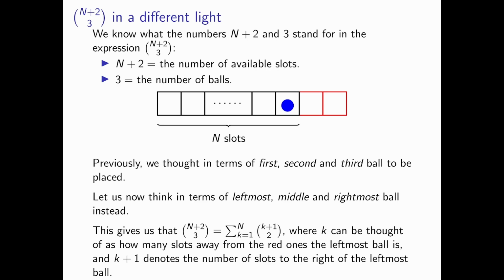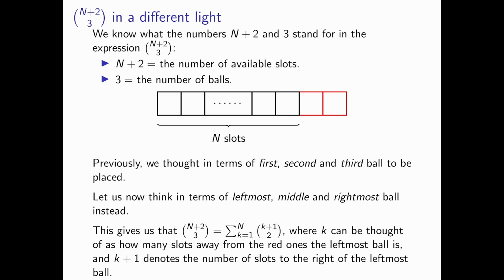So if we place the leftmost ball here, which corresponds to k equals 1, then we have 2 slots remaining to the right of it, where we can place the remaining 2 balls. And if the leftmost ball is here, then we have instead 1, 2, 3 slots to the right of it, where we can place the 2 remaining balls.